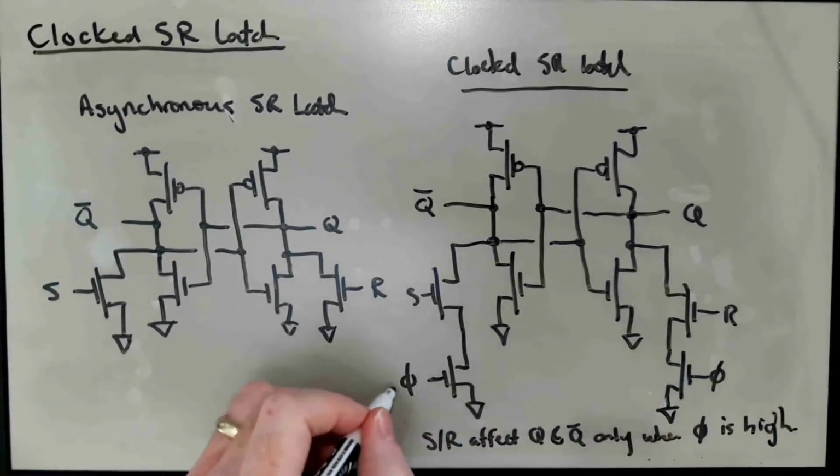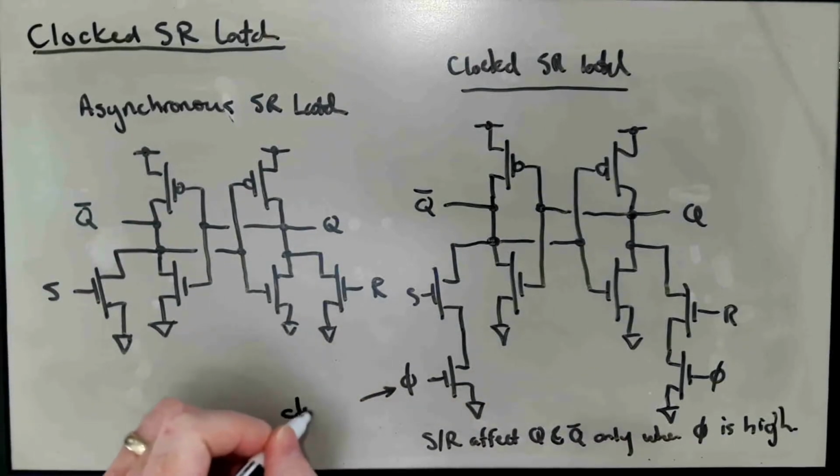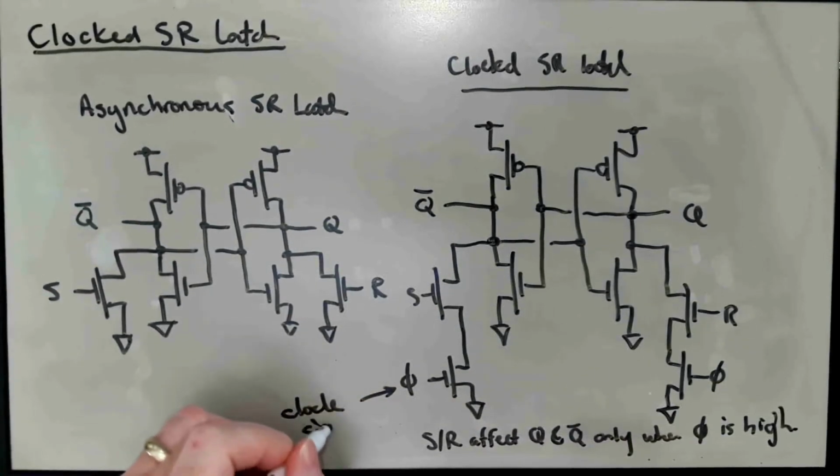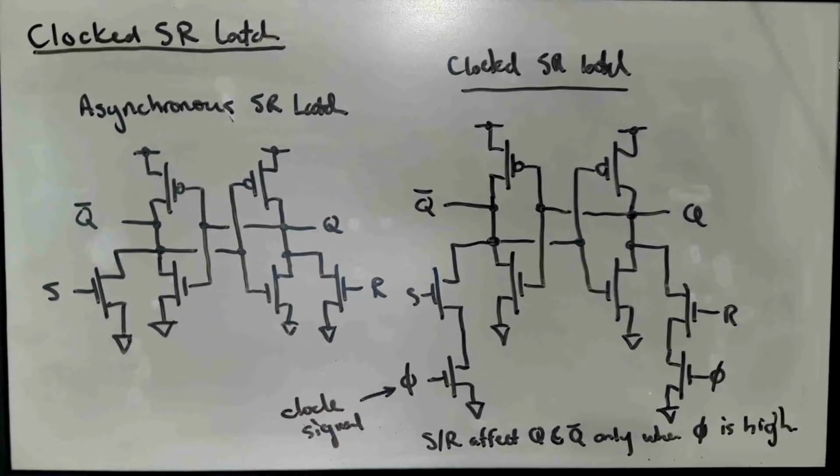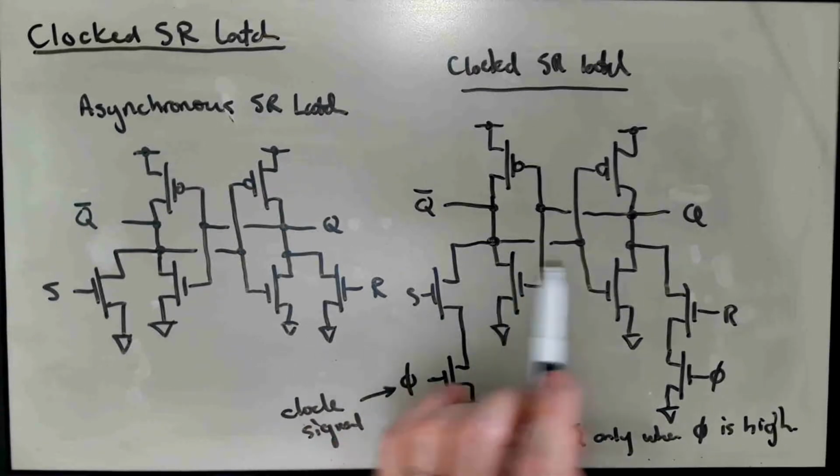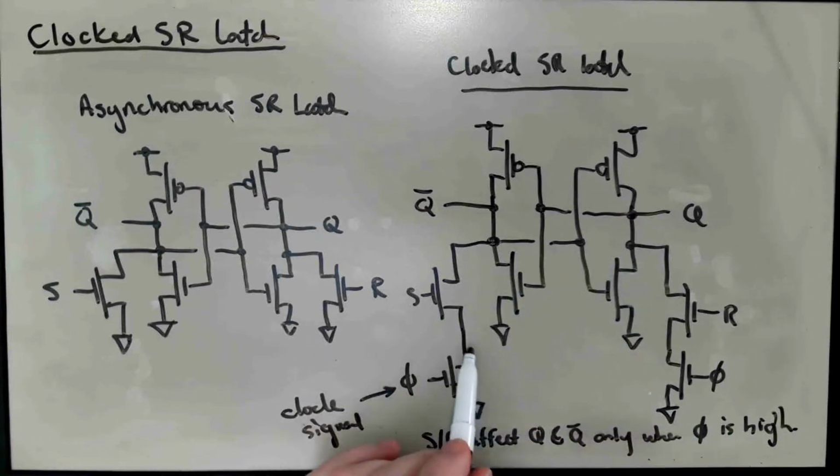So phi is the clock. If phi is low, obviously the S and the R transistors are cut off, and asserting S or asserting R will not do anything to the state of the latch because the clock transistors are basically cutting them off.